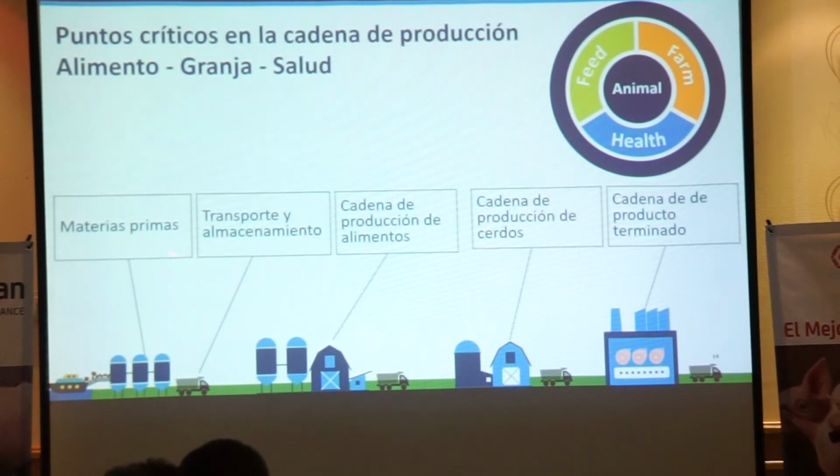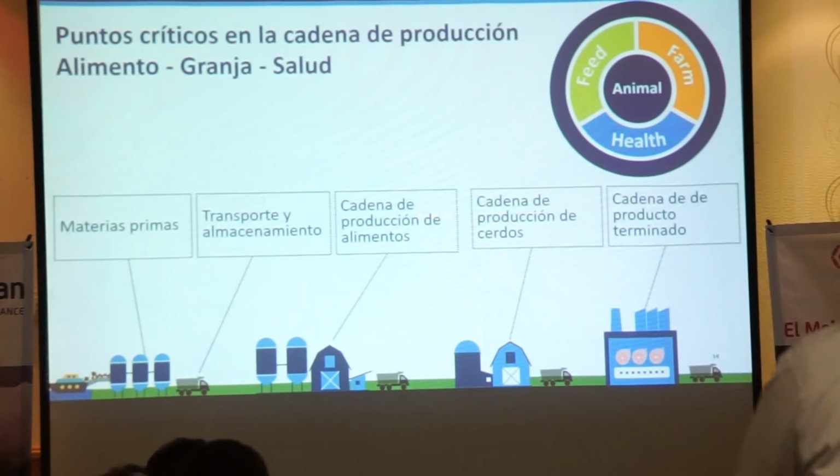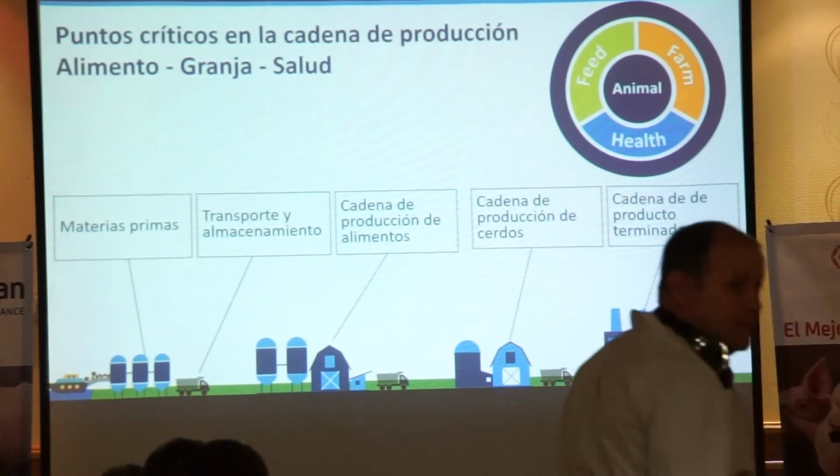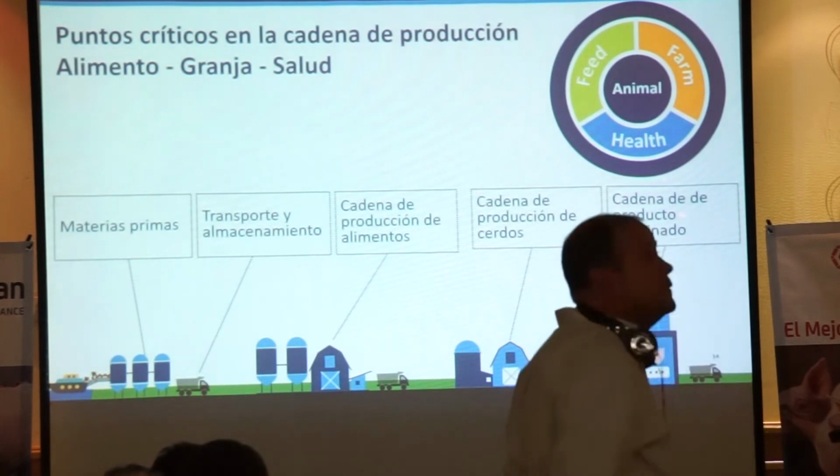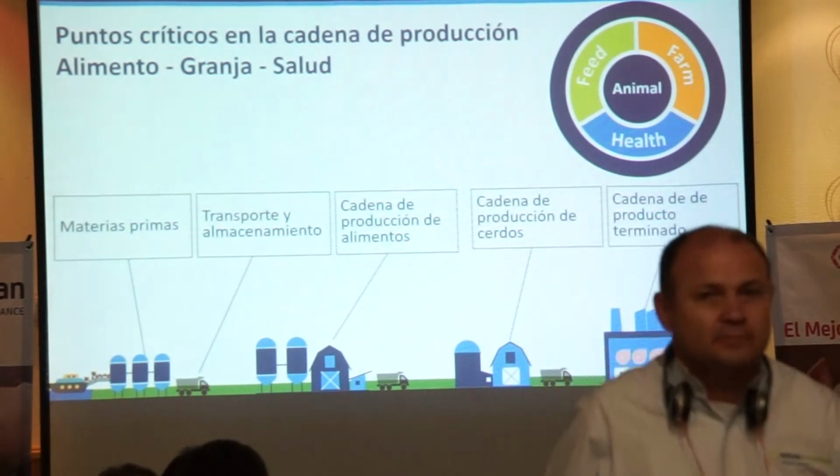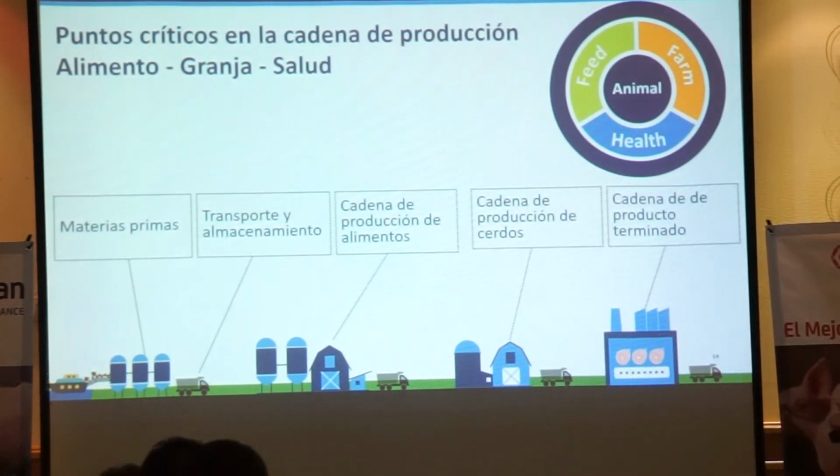We analyze the raw materials coming in from the harbor or maybe from the train, wherever they are coming from. We have a look at the transport process, the feed mill, the production of the feed, then the production of the animals itself in the farms, and at the end the processing of the meat, in the slaughterhouse or any other place where the meat is processed.